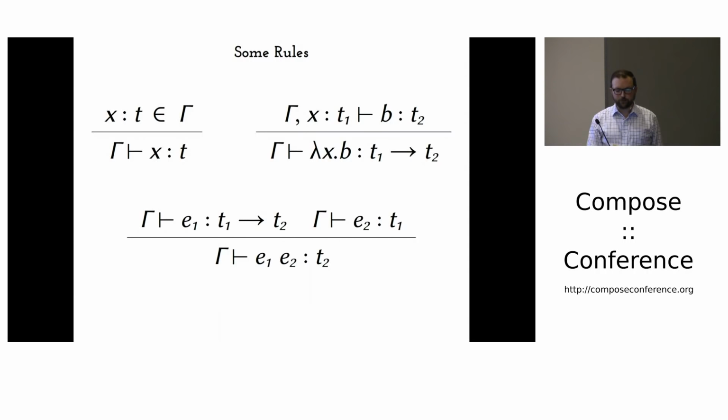And the other rule we used was application, where if we have E1 applied to E2, and that should be a T2, we first have to ascertain that E1 is a function, and gamma doesn't get touched. And we also have to check that E2 is a suitable argument to that function.